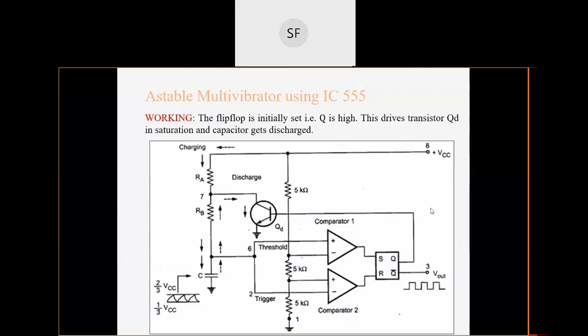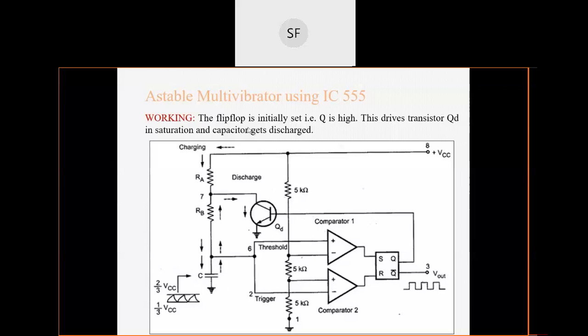So as we have discussed, in monostable multivibrator, the circuit will execute only once. When you apply the trigger, it will change its state and it will return back, okay, in monostable.